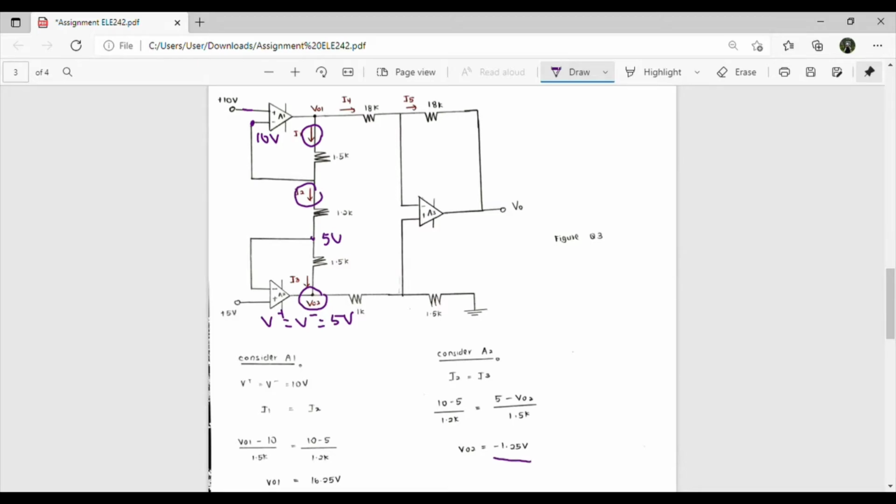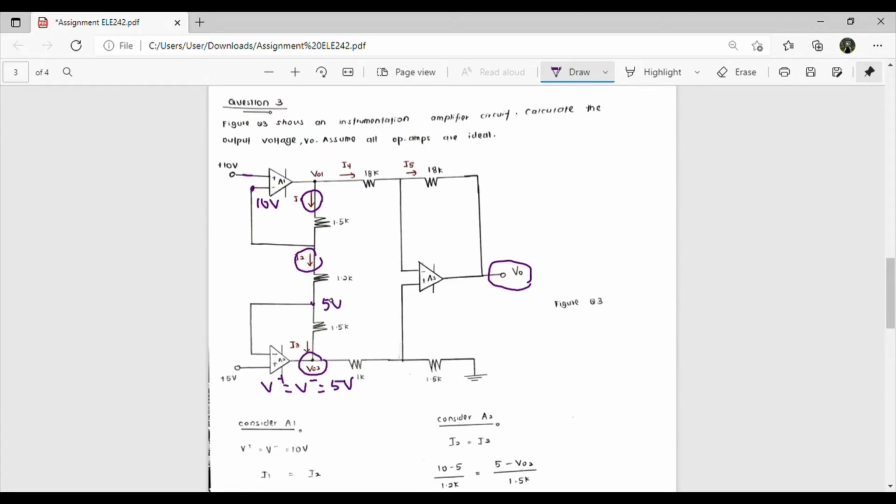After that, we need to consider A3 to know the value of V node. When considering A3, we need to apply VDR here first. Why? Because we want to know the value of V plus and V minus for A3.